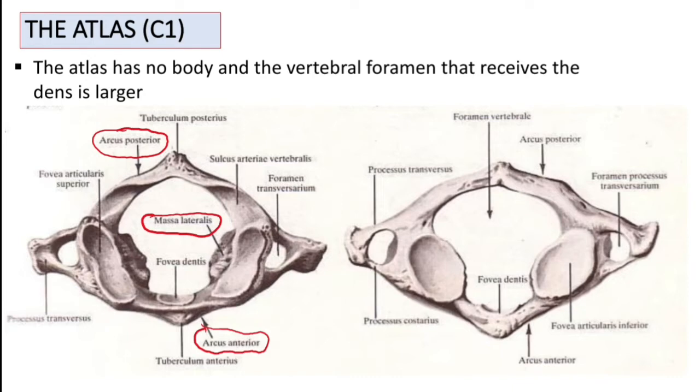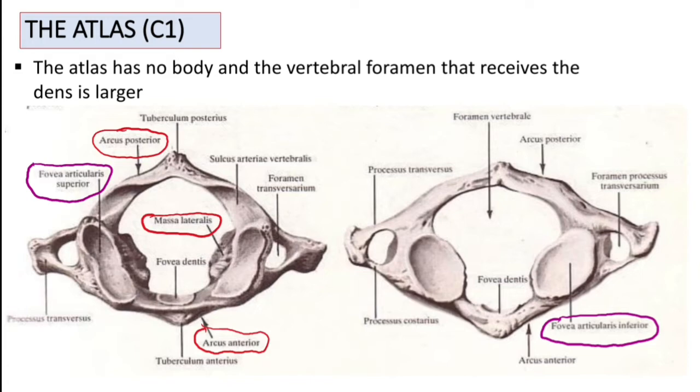This lateral mass does have articular surfaces. The facet on the superior side is called fovea articularis superior, which articulates with the condyles of the occipital bone. On the inferior surface, you also have fovea articularis inferior for articulation with the axis.